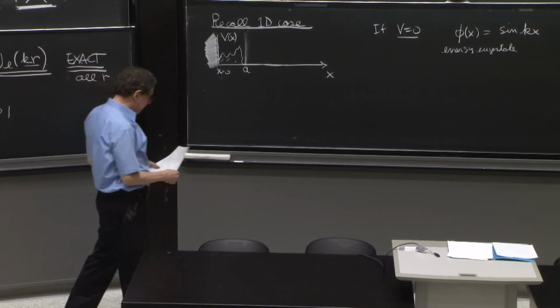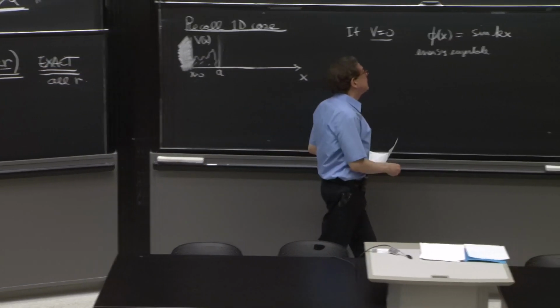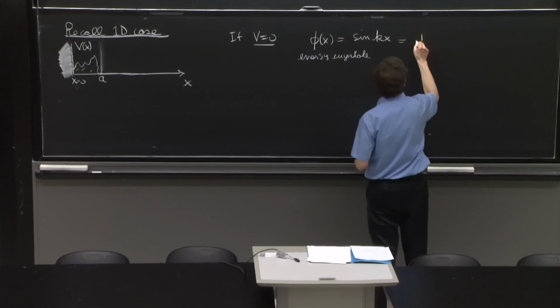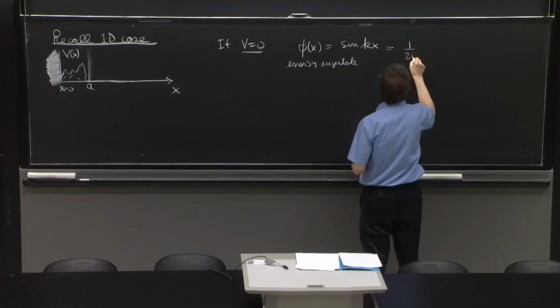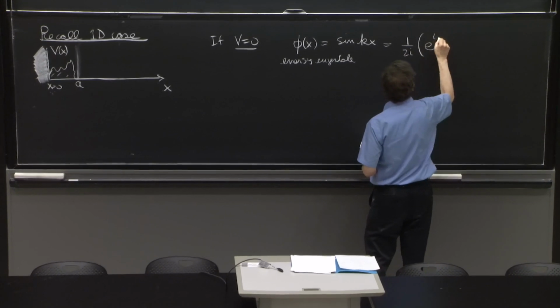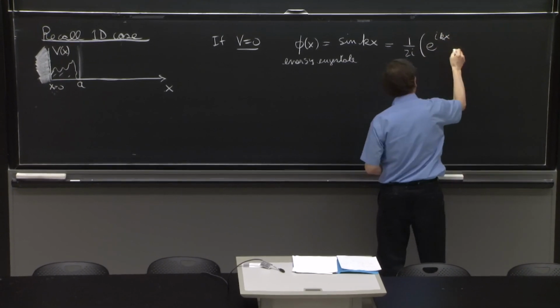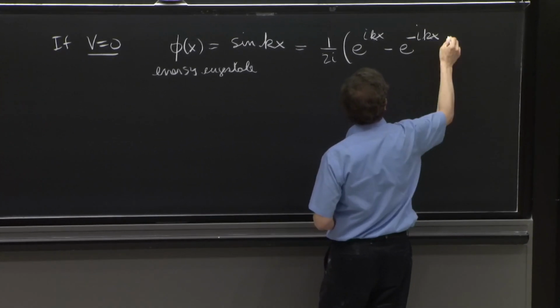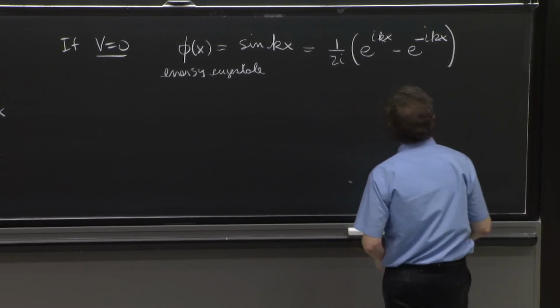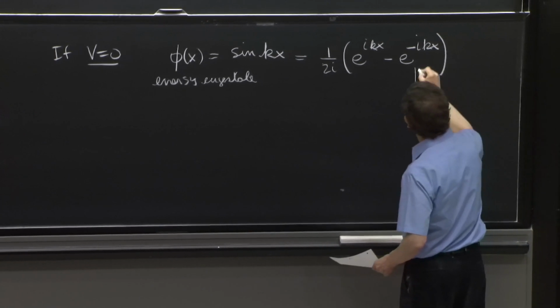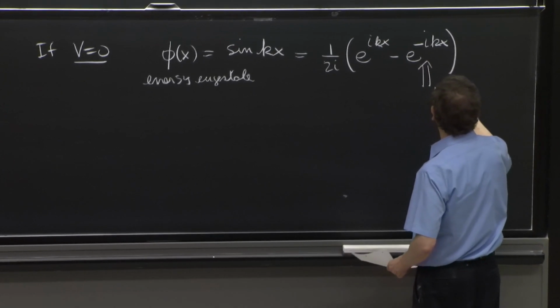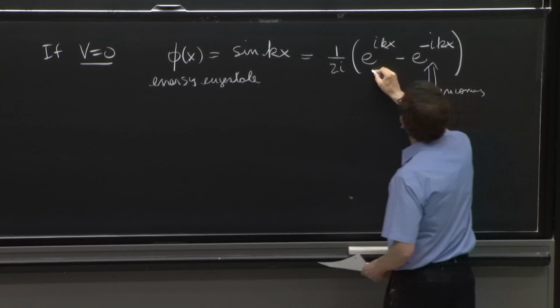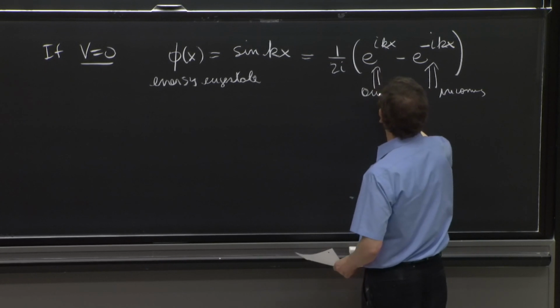On the other hand, we can also write it as 1 over 2I times e to the I kx minus e to the minus I kx. And this wave is the incoming wave, and this is the outgoing wave.